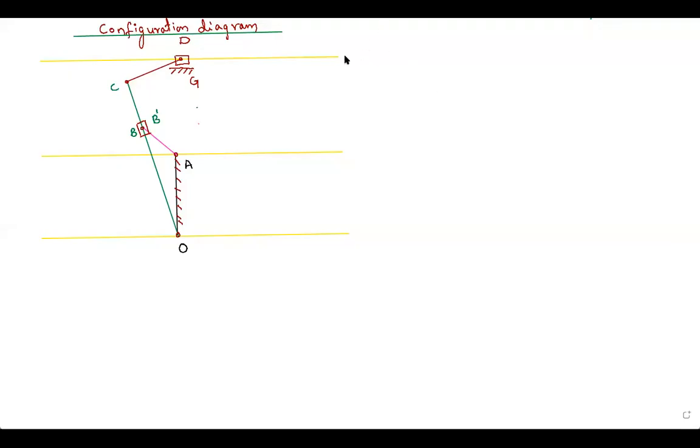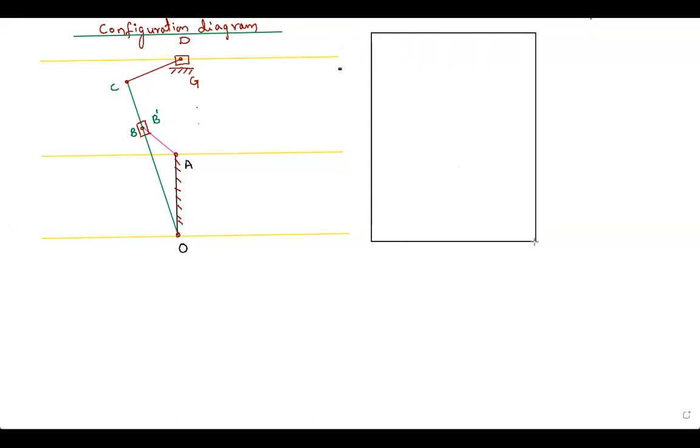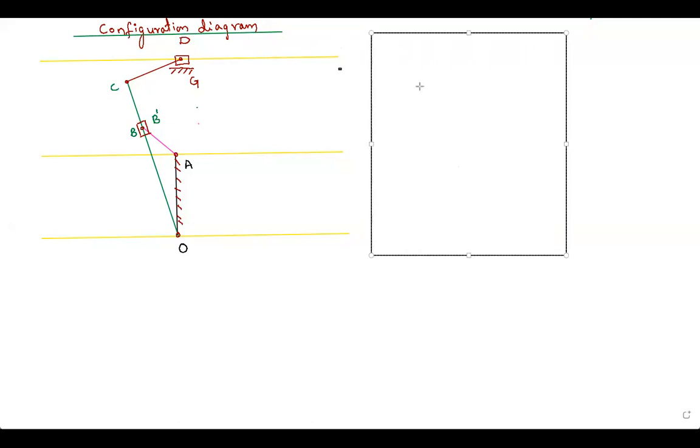This is the configuration diagram. Now to find out various things, I'm going to draw a small tabular column. In the first block, you are going to have the name of the link, in the next block the magnitude of the velocity of the link, and the third block will have the direction of the link.